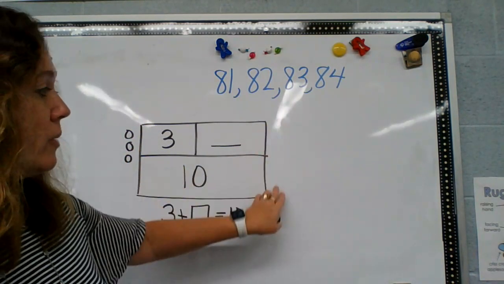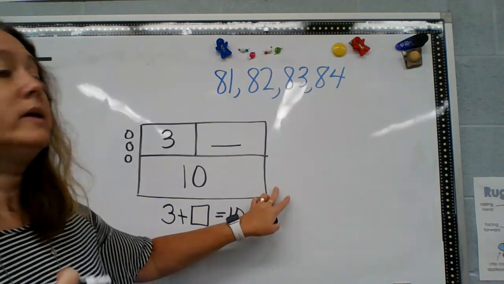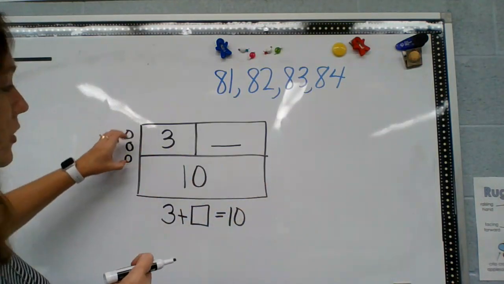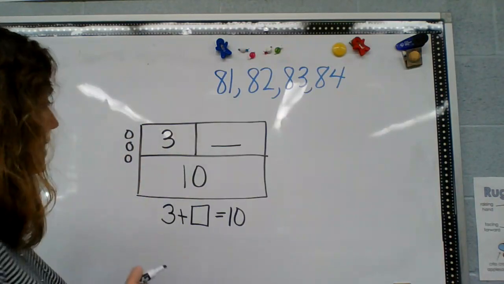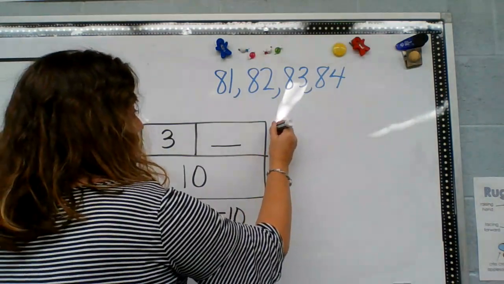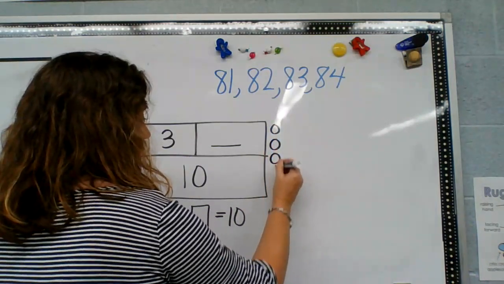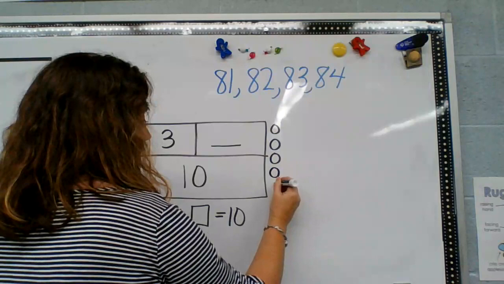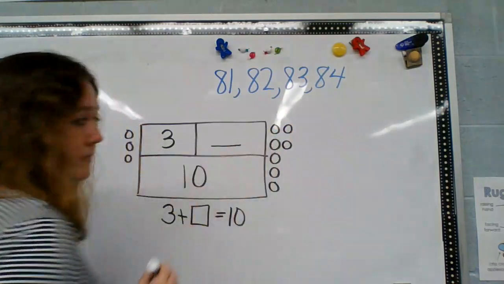We don't know how many are on this side. What I would do is remember 3 in your head, then count up: 3, 4, 5, 6, 7, 8, 9, 10.